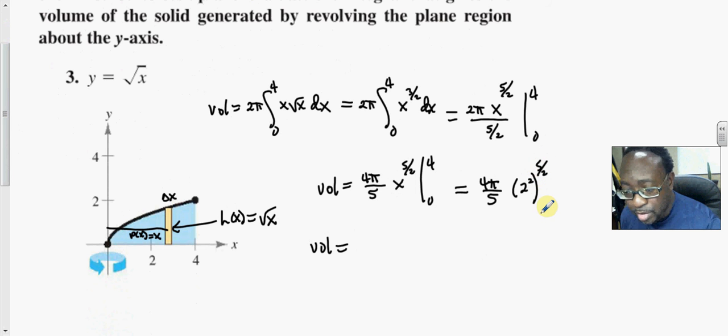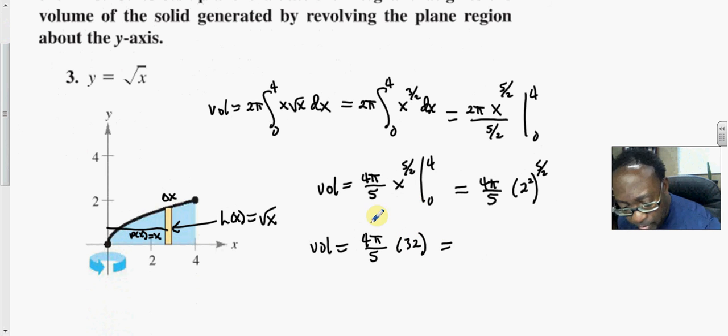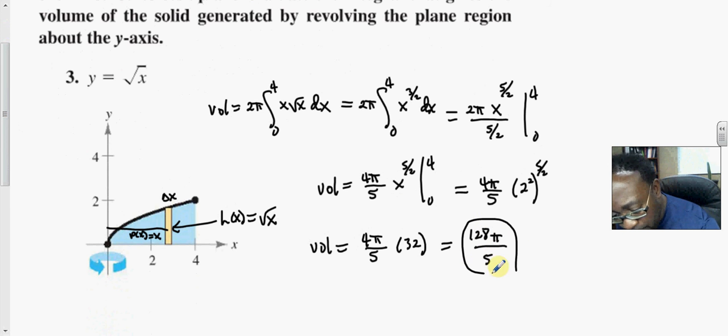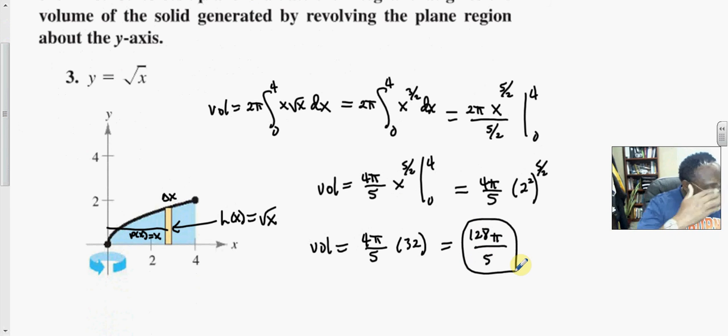It's just 2 to the 5th power. So we get 4 pi over 5, and this is 2 to the 5th, or 32. And so we get 128 pi all over 5. Okay.